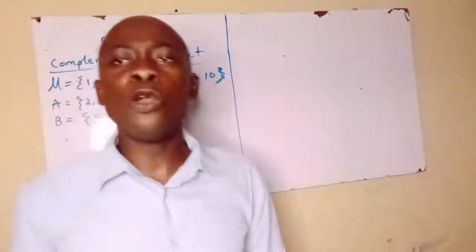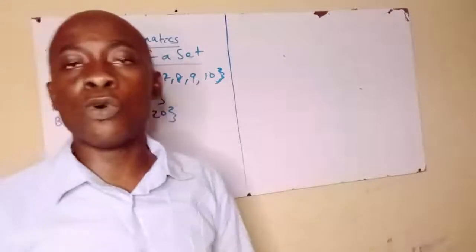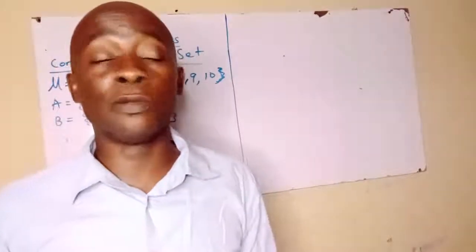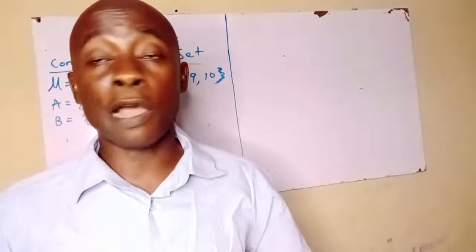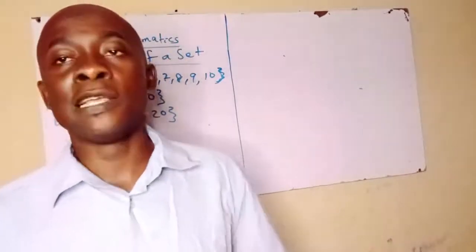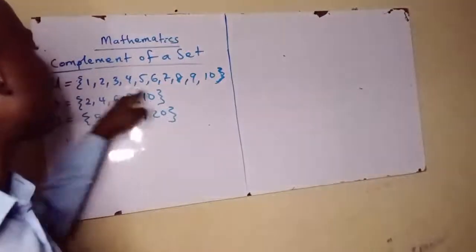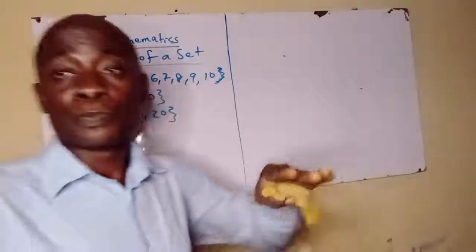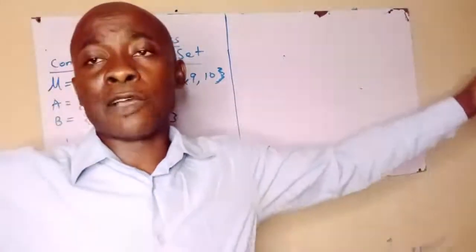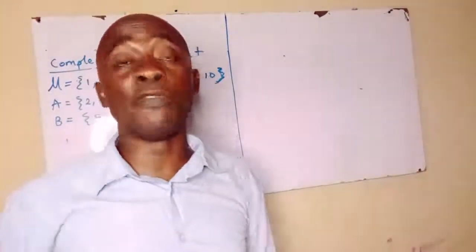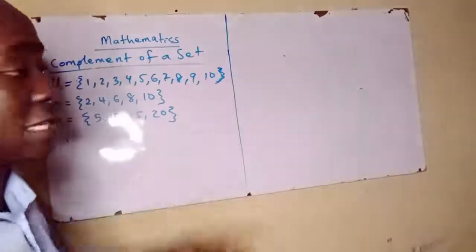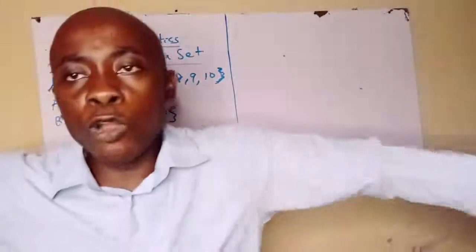Now all those boys, maybe Taiwo, Tope, and all these, what have you, that are the students there, they are the elements. Now when we have a particular set inside a particular set that is encompassing them, the one that encompasses them is known as the universal set. So this one is the universal set. It's the one that takes care of all other sets within.